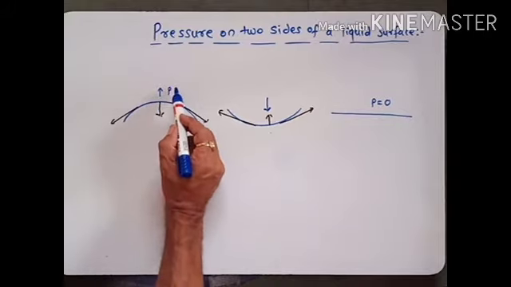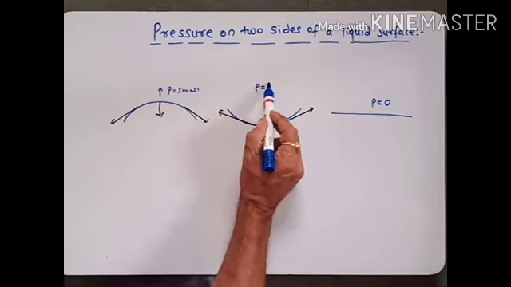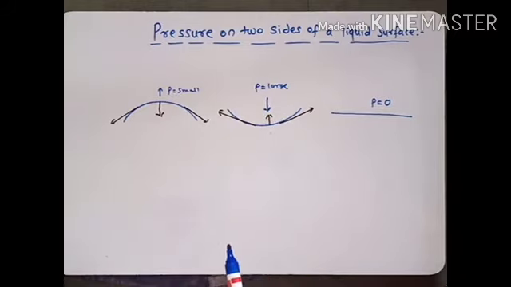Here pressure is small. Here pressure is large, and here pressure is 0. This is all about pressure on two sides of a liquid surface. I hope you all understand this. Now we consider the next article here.